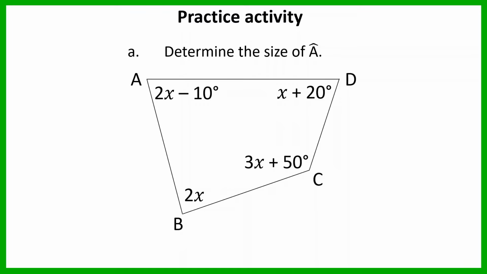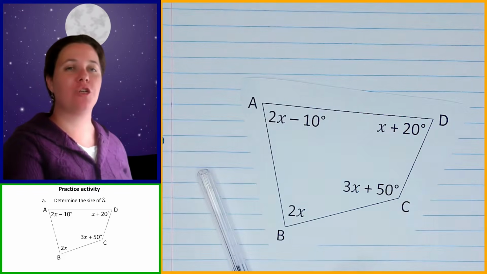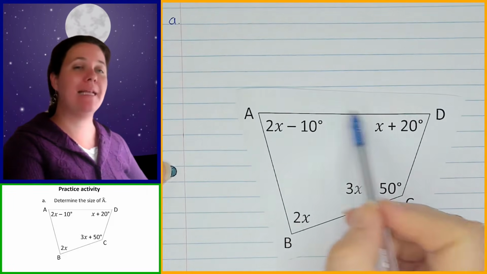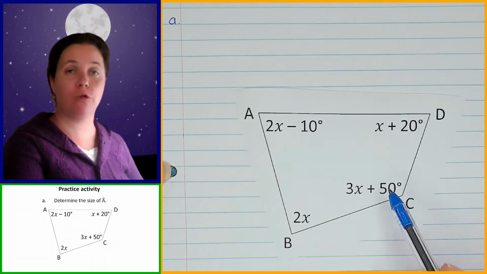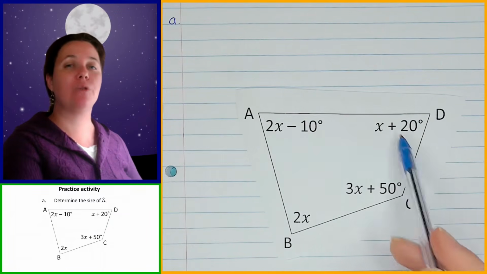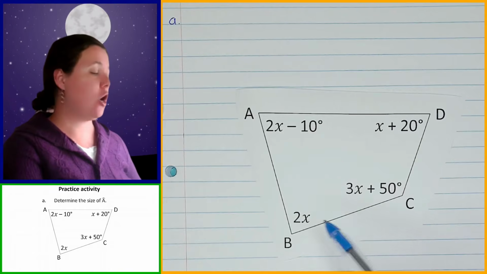Okay, so let's go through that question and see what you should have got. So for this question, the first thing you had to do was remember that the interior angles of all quadrilaterals always add up to 360 degrees. So we're working with the sum of the interior angles of a quadrilateral here.